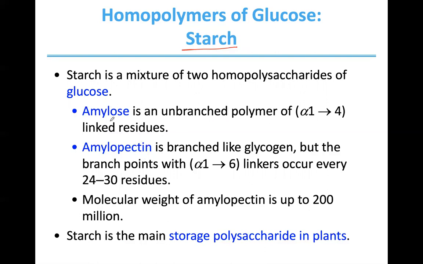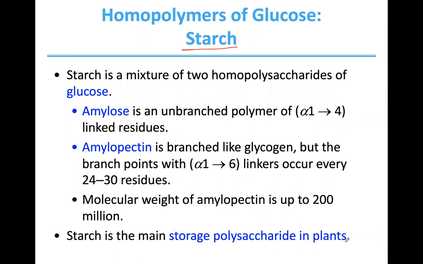So this is one large molecule, and this is a different molecule. It's branched like glycogen, but the alpha 1 to 6 branching occurs every 24 to 30 residues. So with amylopectin, the branching is not as prevalent as it is with glycogen. The molecular weight of amylopectin is up to 200 million.